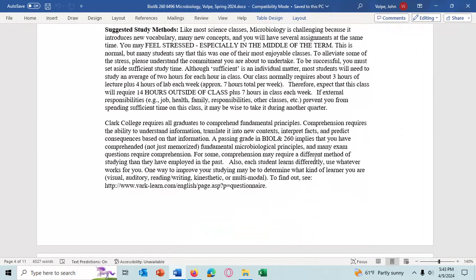Then you should also expect to spend 14 hours of time outside of class, plus the 7 hours in class, for a total of 21 hours per week. If external responsibilities prevent you from spending sufficient time on this class, it may be wise to consider taking the class during another quarter when you have more time to spend on it.